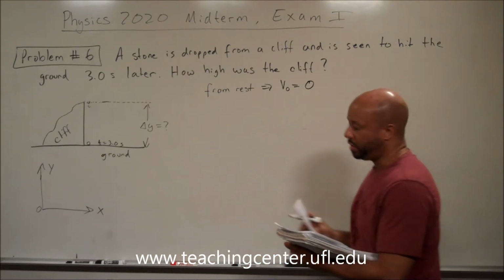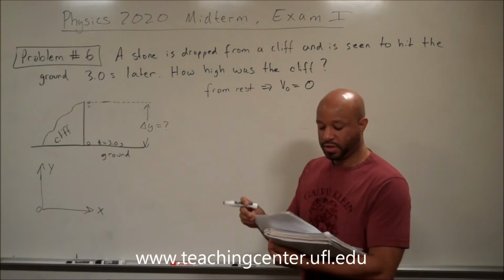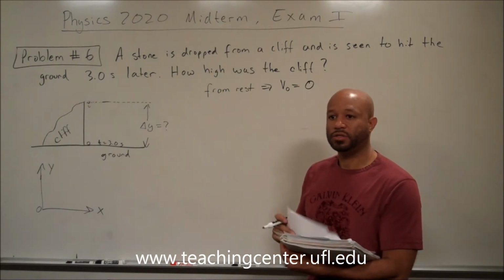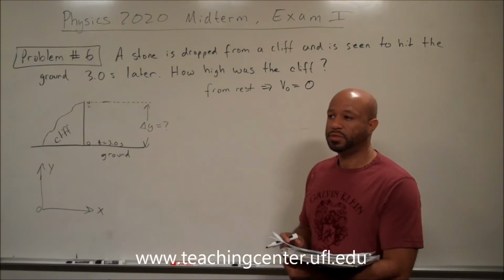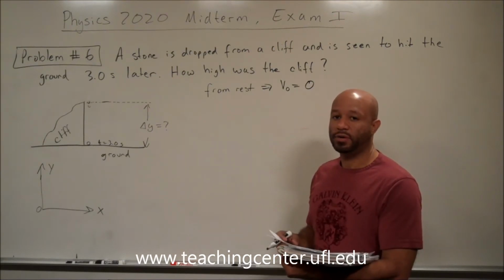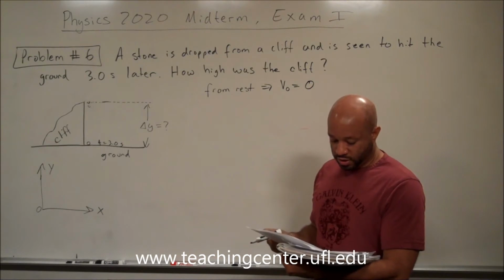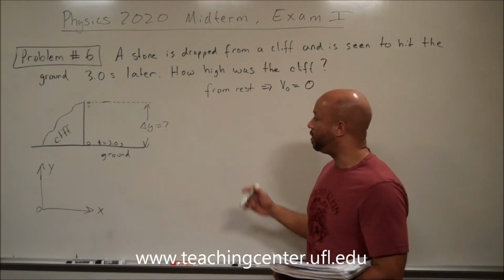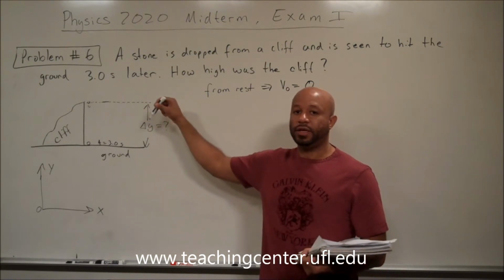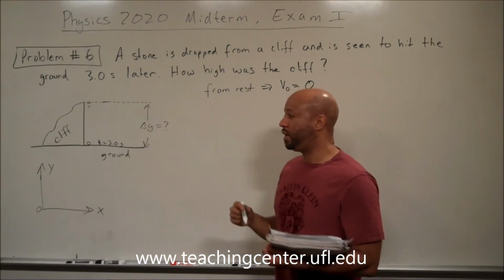This is going to be a projectile because the only thing acting on the stone is gravity; we can neglect air resistance. If we look at our formula sheet under projectile motion, we want a formula that has delta y in it.